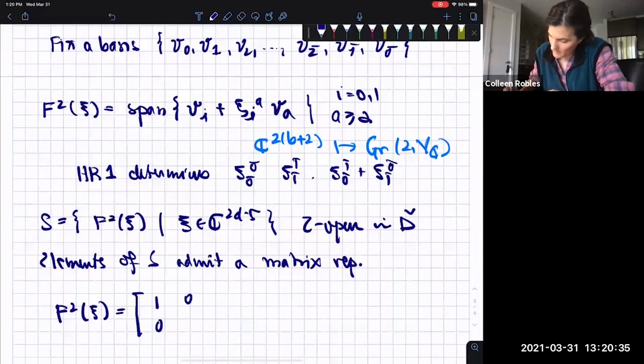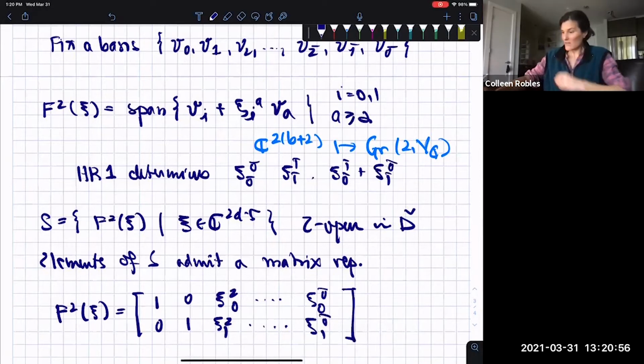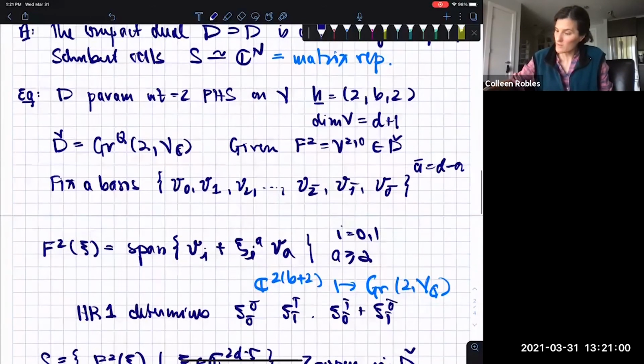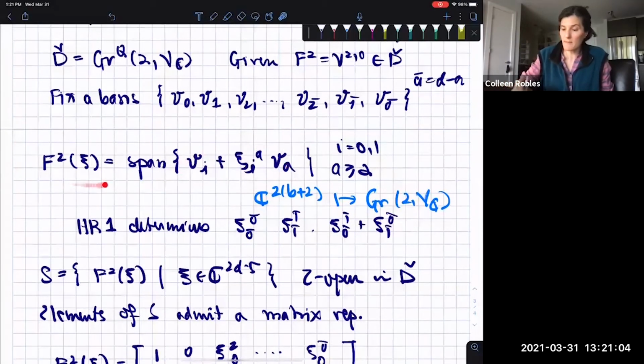So 1, 0, 0, 1, and then C 2, 0. So all I'm doing here is describing this basis of F2.